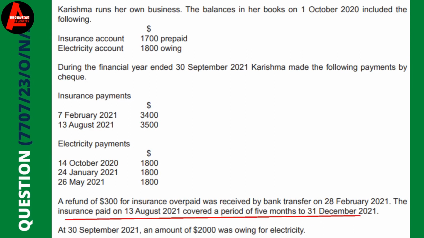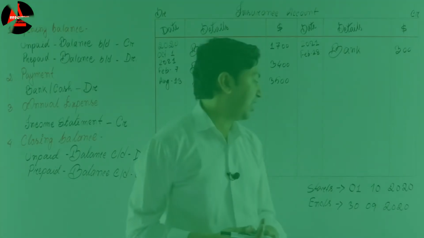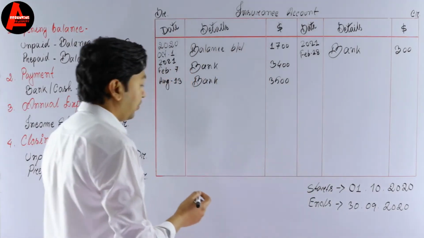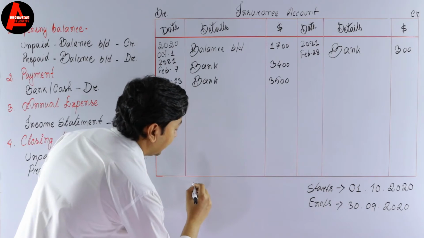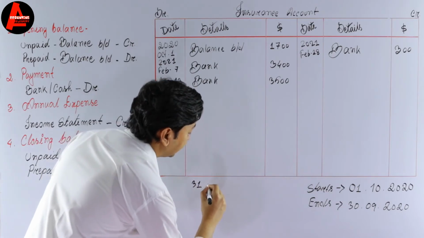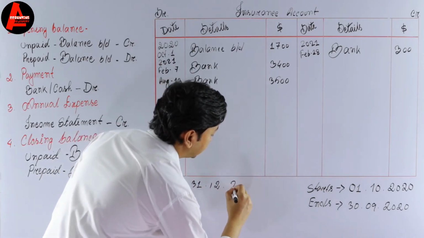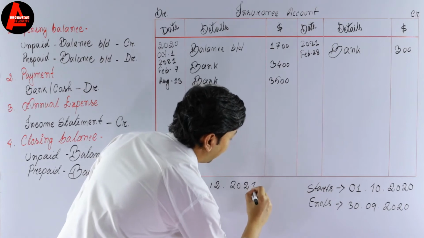The insurance paid on 13 August 2021 covered a period of 5 months to 31st December 2021. Okay, so it is paid until 31st December 2021.